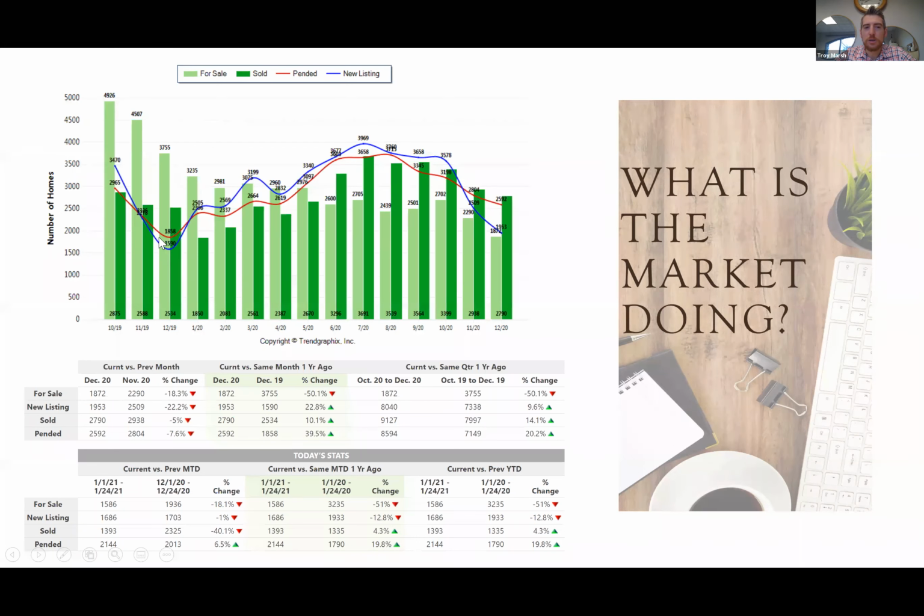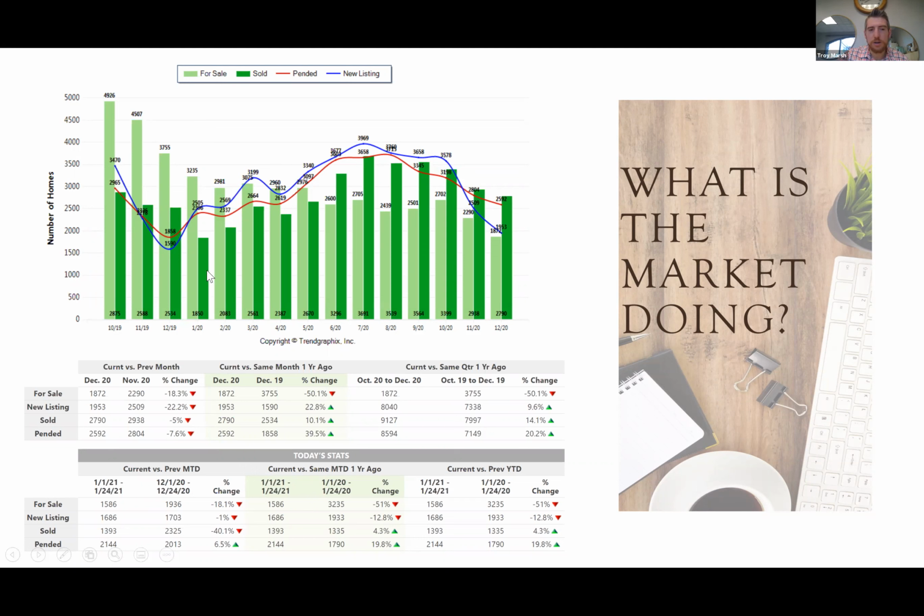The reason this is important is because when we have that conversation about, okay, today it's January, if we look at January, we see that last January there were 3,200 houses for sale in the whole market, and then there were 1,850 solds.